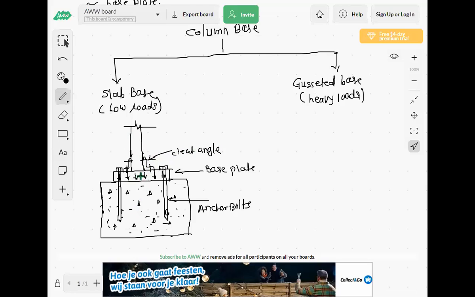This column is connected to the base plate.